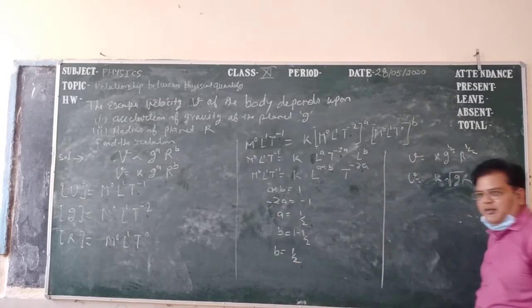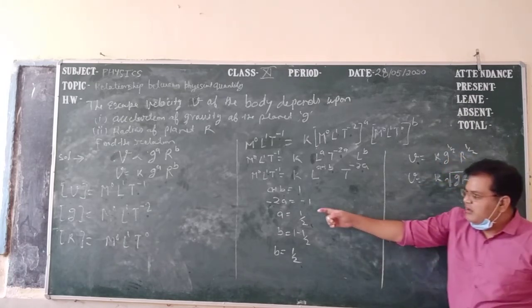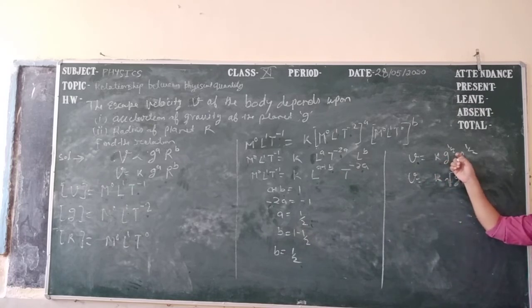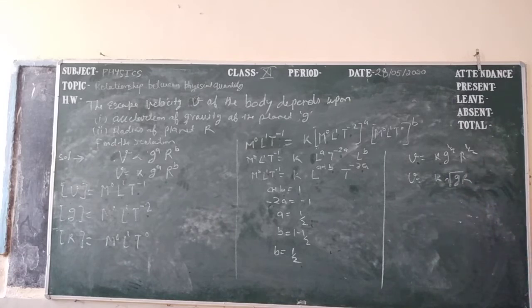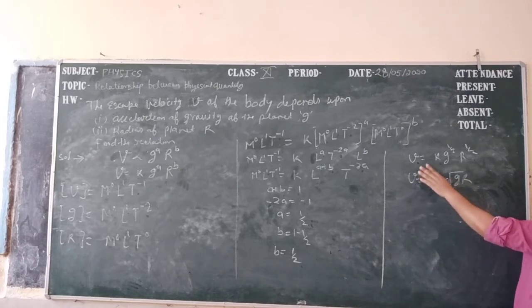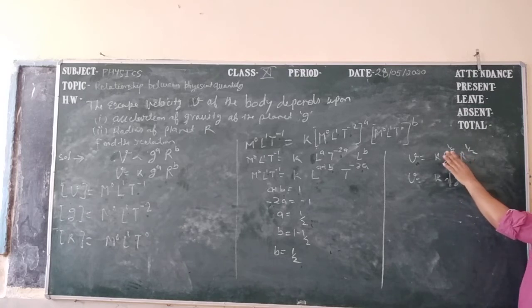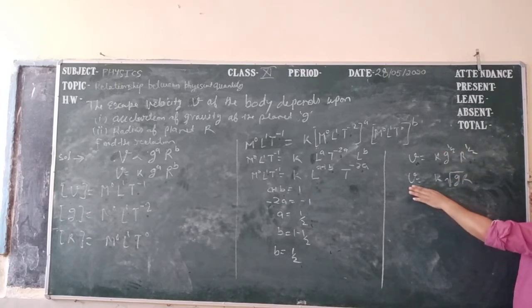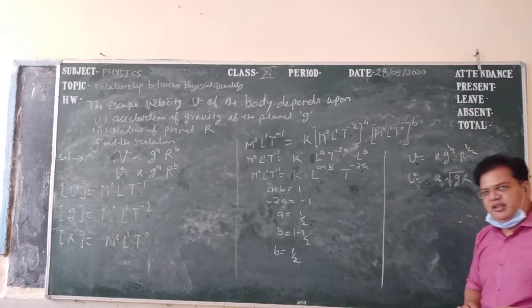Putting the values of a and b in the equation, we get V equals K g to the power 1 by 2, R to the power 1 by 2. Power 1 by 2 means under root. So student, we got V equals K under root Rg.